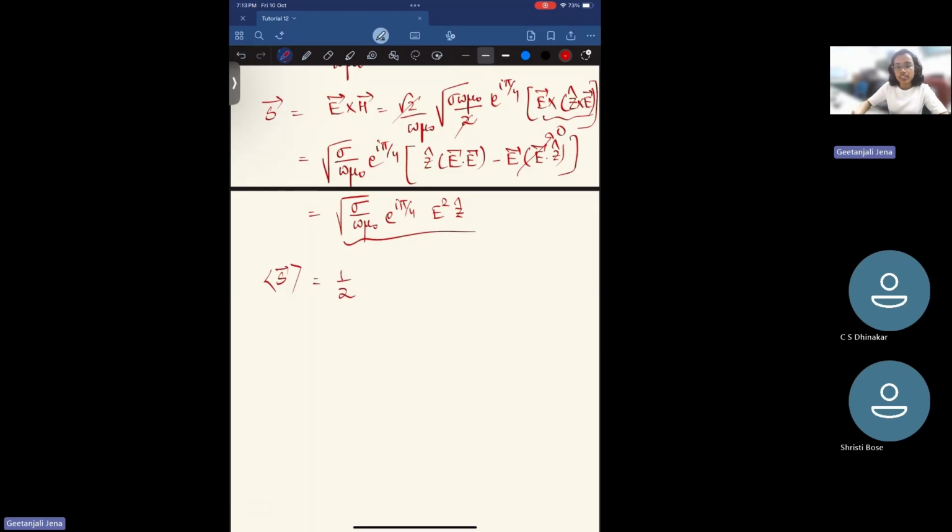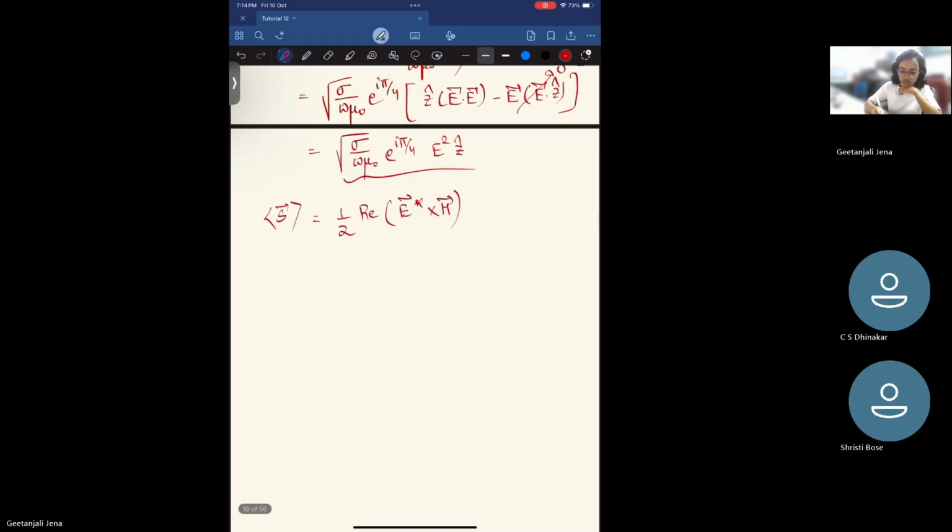Whenever the simplest expression is given, like E is written in terms of cos and sine, in that case you can directly use half epsilon naught c E naught square. But whenever you are seeing a phase factor, I think it's better if you start from half real E star cross H.